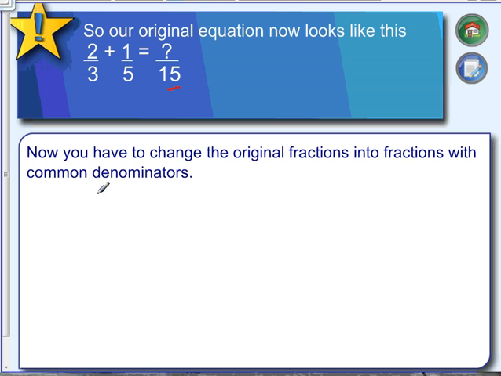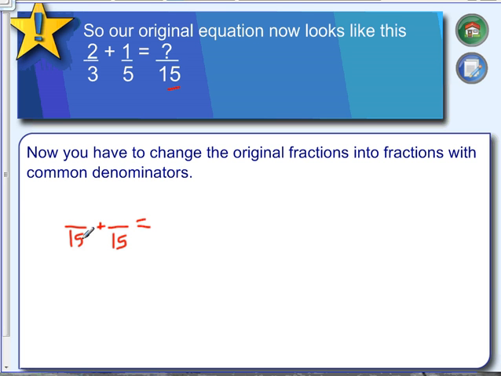So now I have to change my original fractions. Well, I have 2/3, which needs to be turned into something with a denominator of 15. So we always look at the denominator of the original, 3, and the denominator of what we want it to be, 15. Well, how do you go from 3 to 15? You multiply by 5.